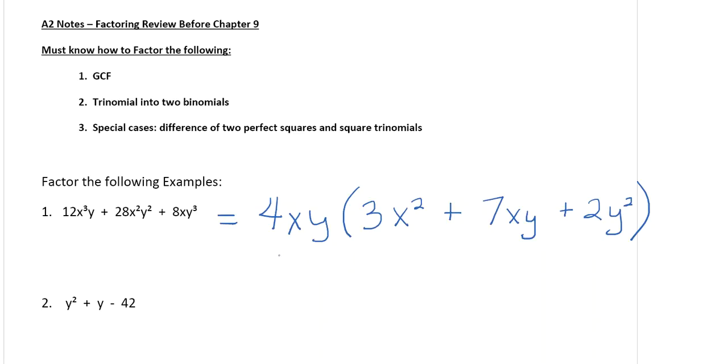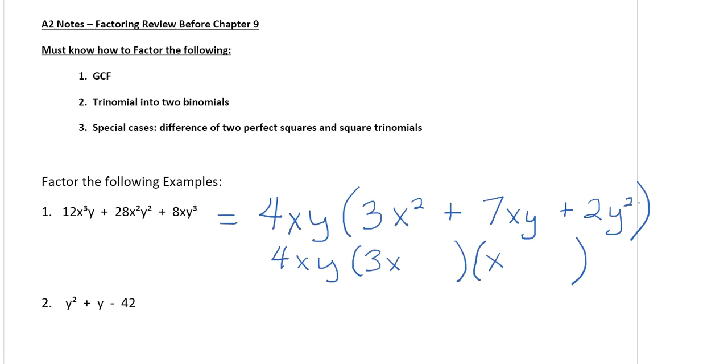So I'm going to review the diamond box in an example coming up here. I'm going to do this one by guessing and checking because I know students use both these methods and I know you prefer one over the other, so I'll try to review both. So to get a 3x squared, we know we're going to have a 3x and an x.